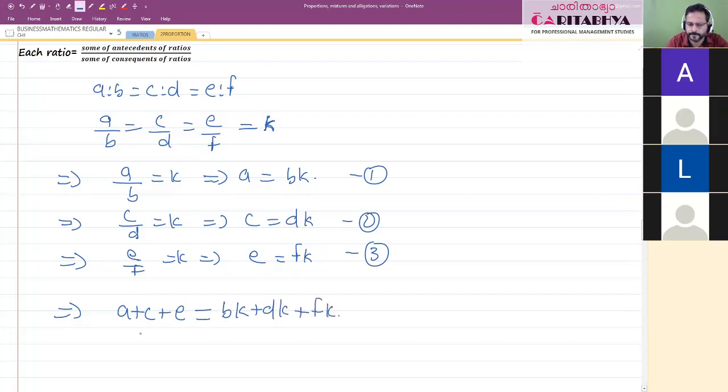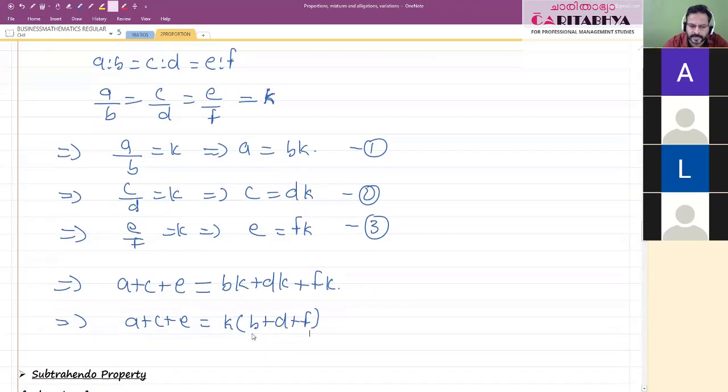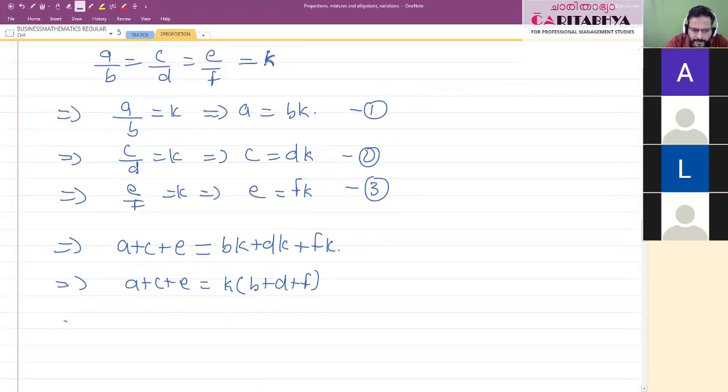Correct? So A plus C plus E equal to, taking K common on the RHS, K times B plus D plus F. If we cross multiply, we get A plus C plus E divided by B plus D plus F equals K.